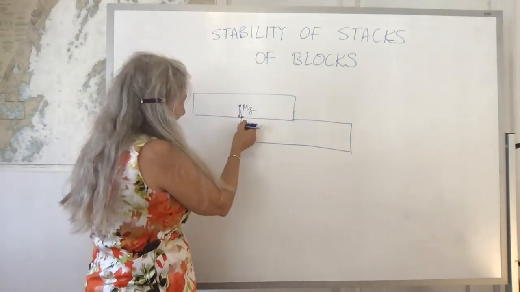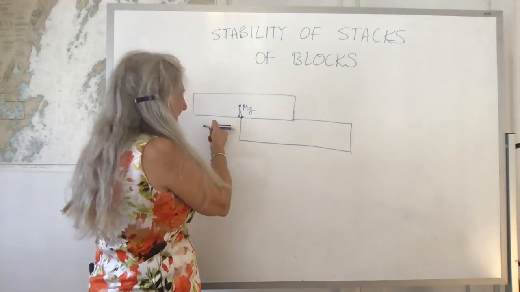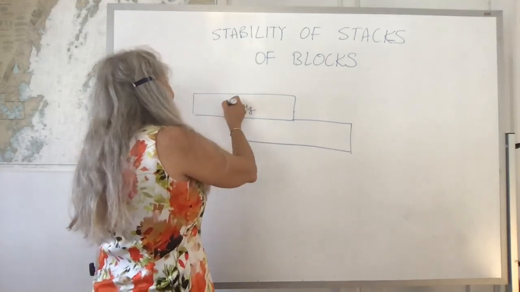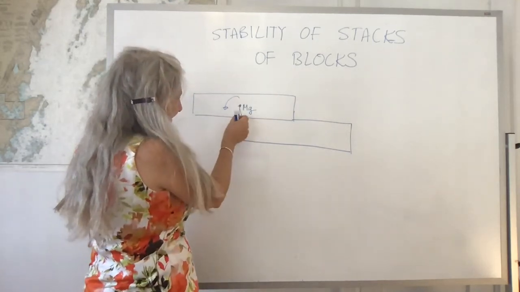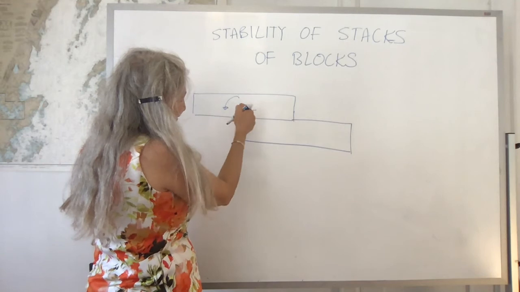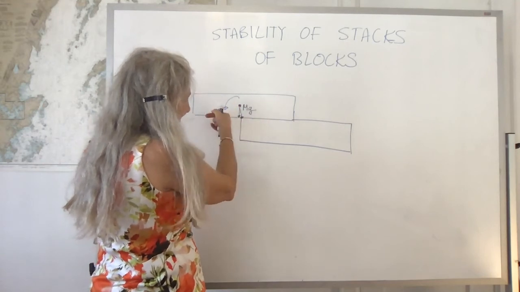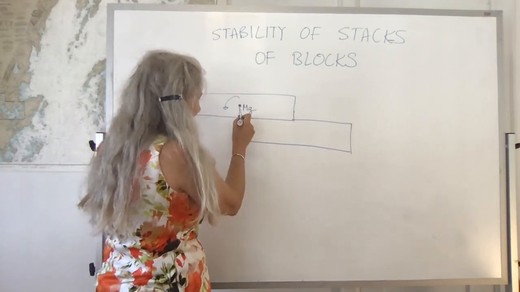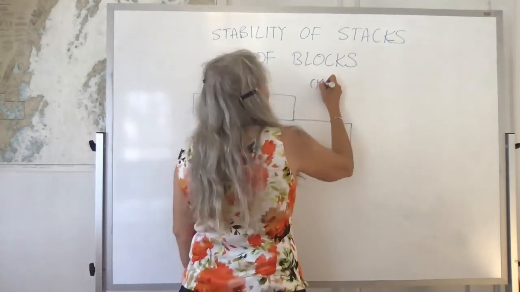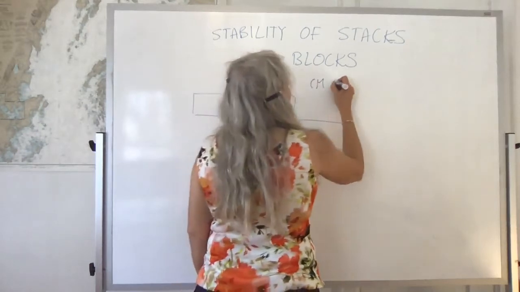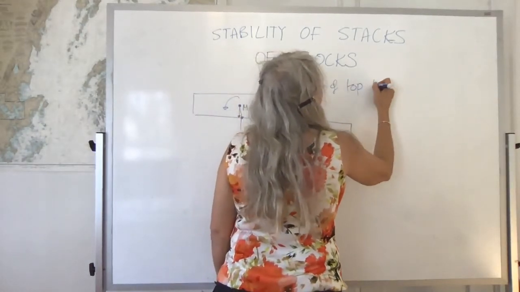If the horizontal component is in this direction, then r cross F gives a rotation in that direction. So we only care about whether the horizontal component to the center of mass is negative or positive with respect to this point.